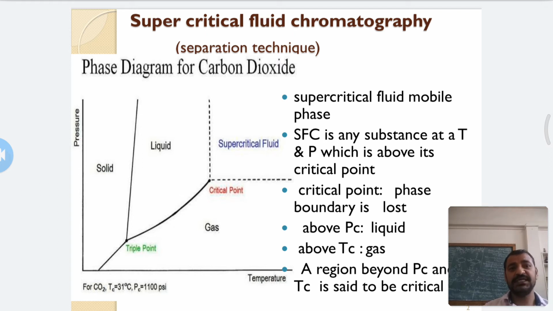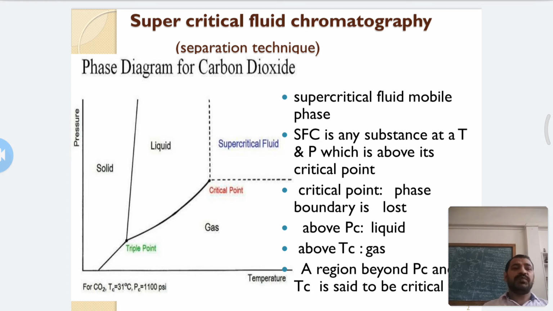In this phase the solvent cannot be in liquid form or in gaseous form; the supercritical phase lies in between. This supercritical fluid is used as the mobile phase in supercritical fluid chromatography.